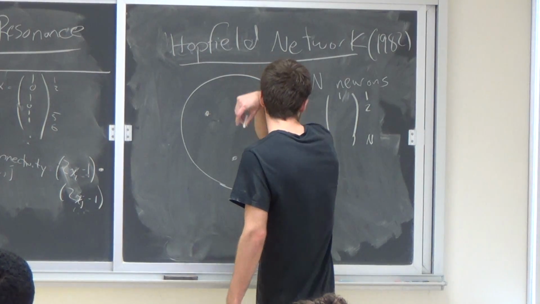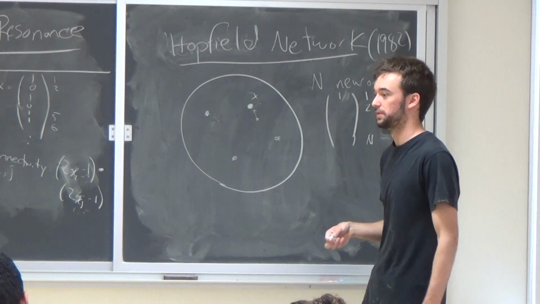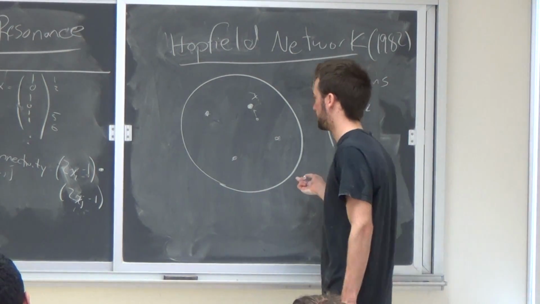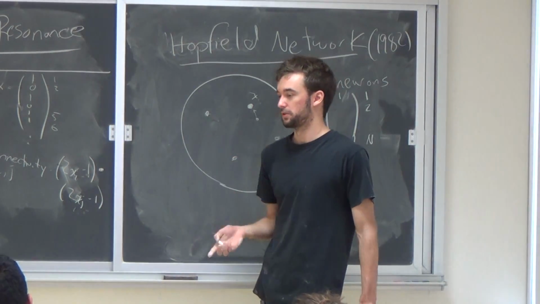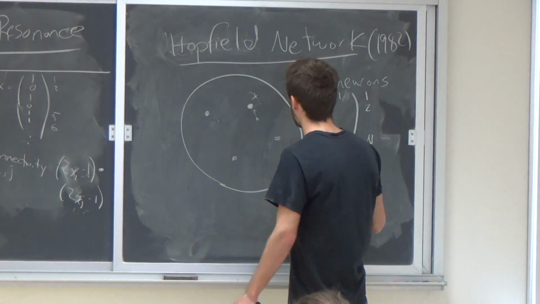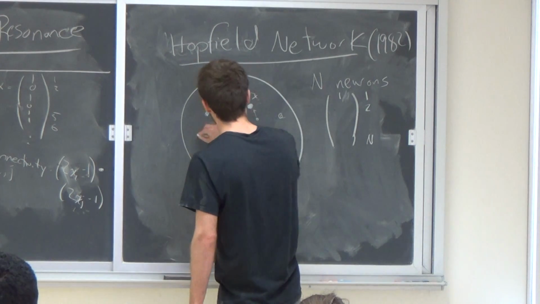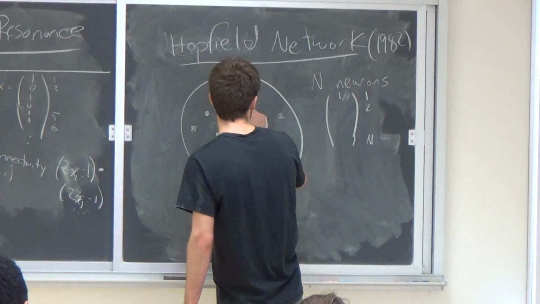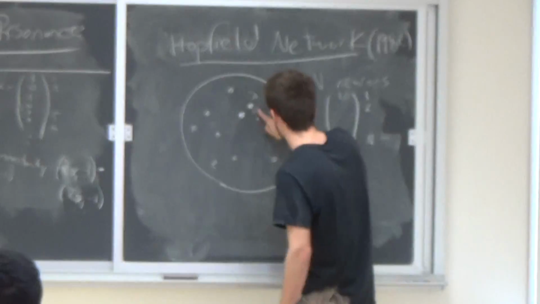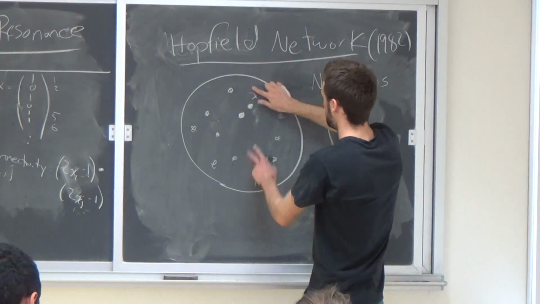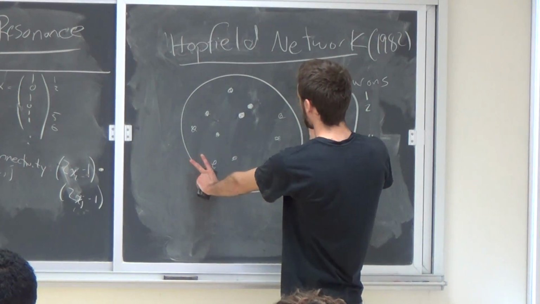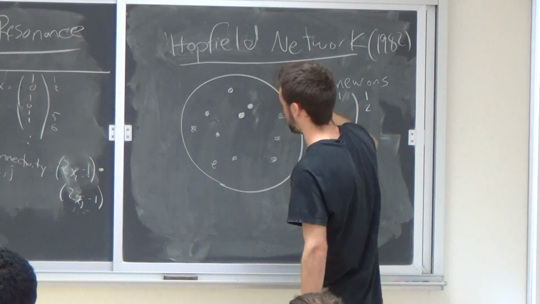And the interesting thing, and I'll end with this, which goes back to your Alzheimer's question, is say I store a lot of memories. So this memory space is full of attractors.